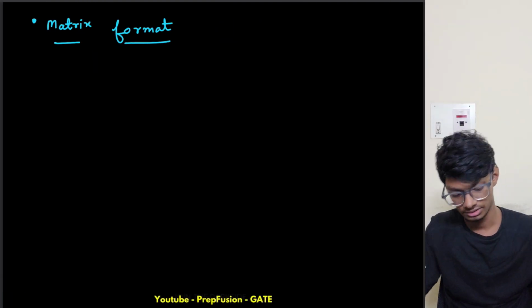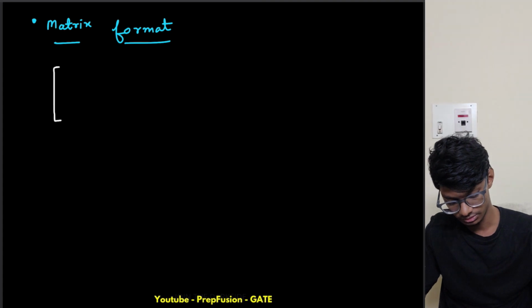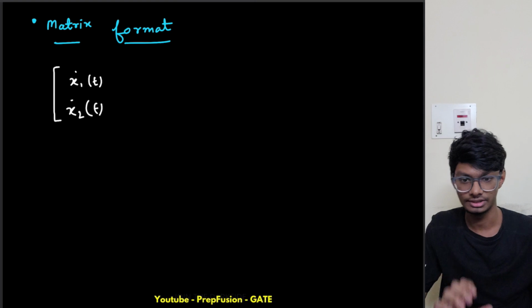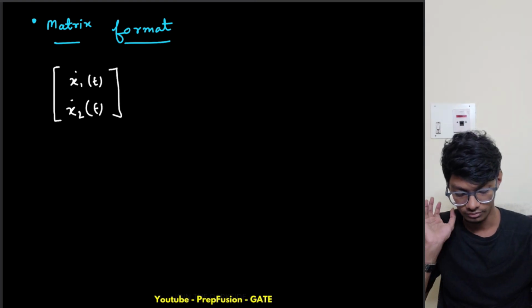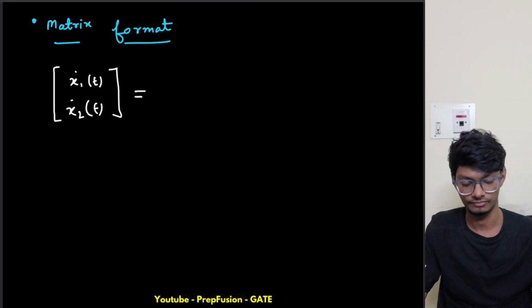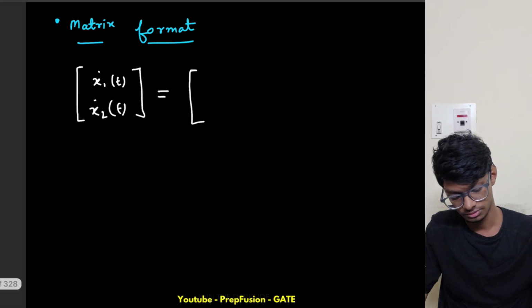Just like we started from the differential equation, x1 dot of t, even if I don't write t in brackets, you have to understand that this is a function of time. So what is x1 dot of t?